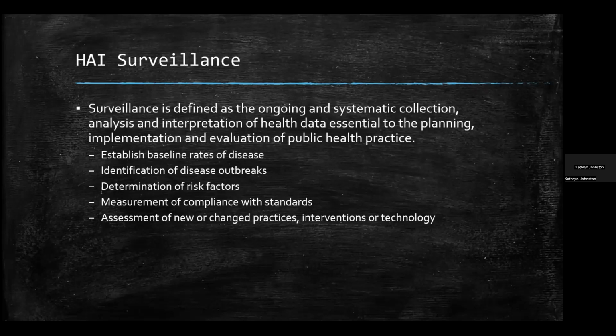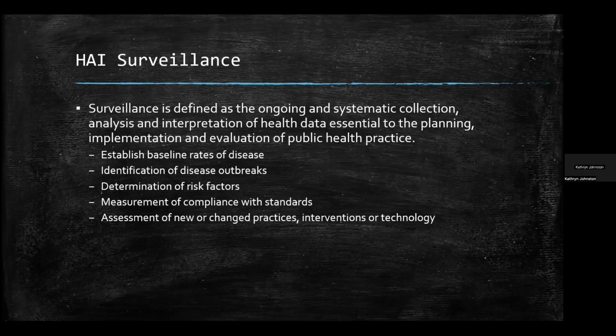The specific goals of surveillance may vary somewhat depending on who is conducting it and the population under study, and may include any or all of the following: establishing baseline or endemic rates of disease, the identification of disease outbreaks or changes in the disease trends that are being seen, and determination of risk factors for or the natural history of specific diseases, the measurement of compliance with those established standards.